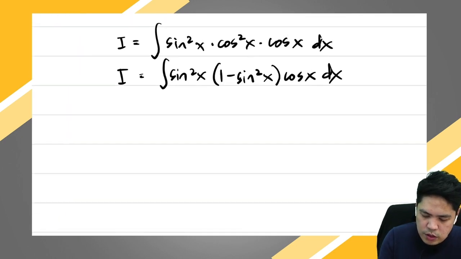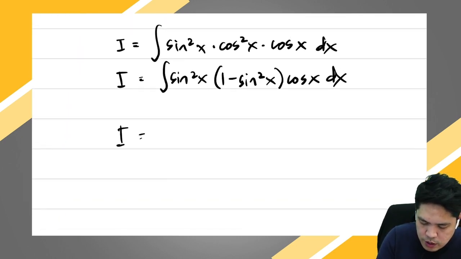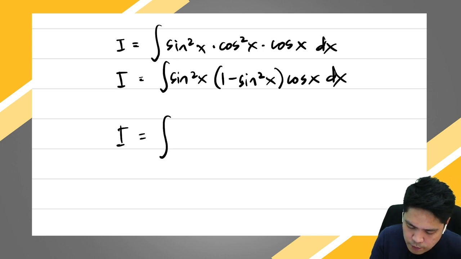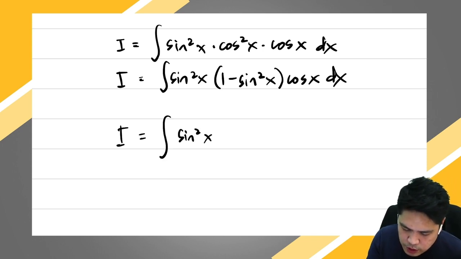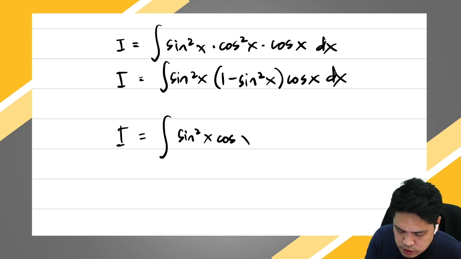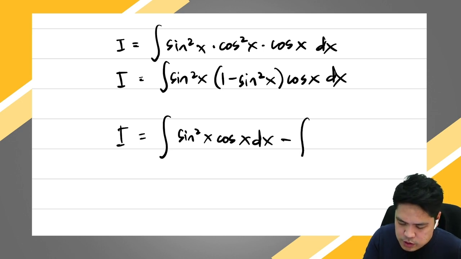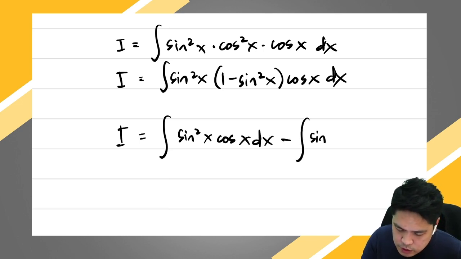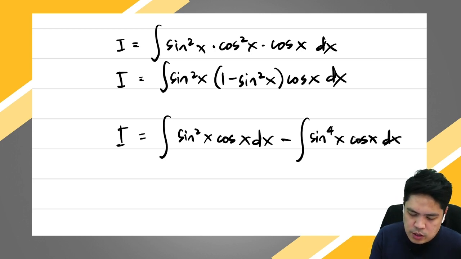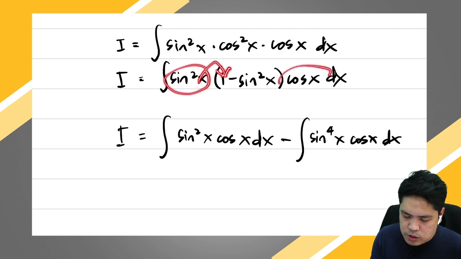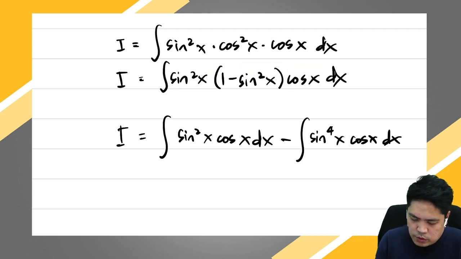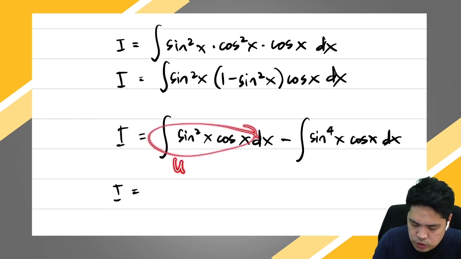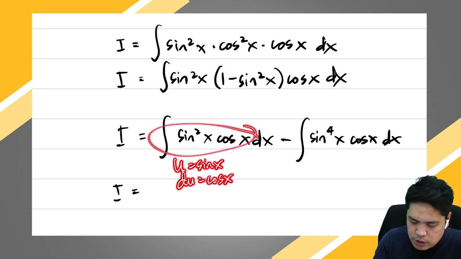Now if we distribute, we'll have I is equal to the integral of sine squared x cosine x dx minus the integral of sine raised to 4x cosine x dx. So, we just distributed this like that. Okay. So, next, therefore, if we let u be equal to sine x, then du is positive cosine x dx.